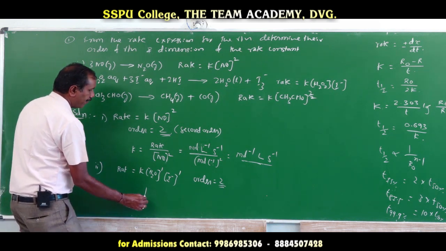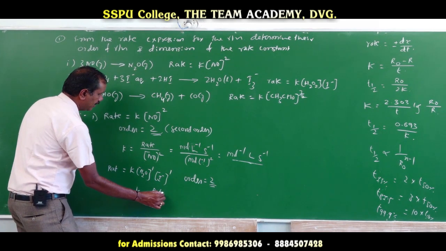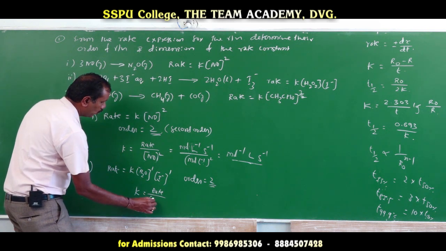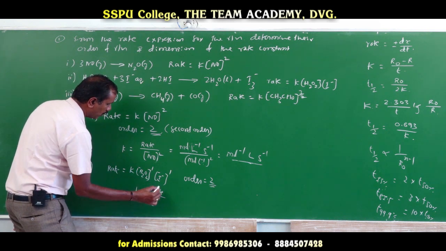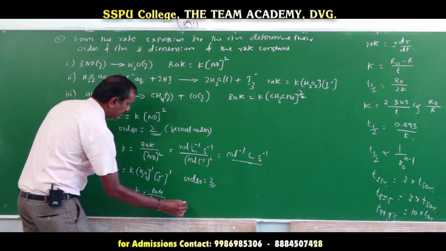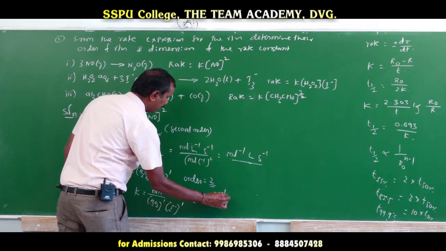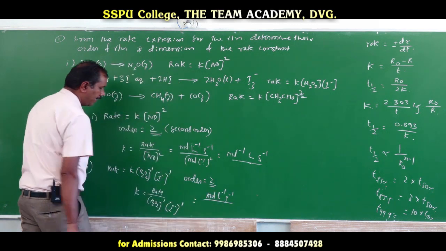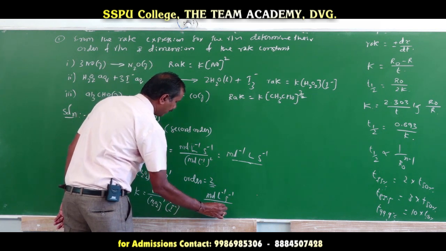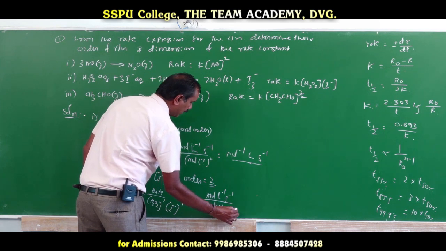How? K equals rate divided by H2O2 to the power 1 and I minus to the power 1. The unit of rate is mole per liter per second divided by H2O2 to the power 1, which is concentration, mole per liter, then I minus, which is concentration, mole per liter.